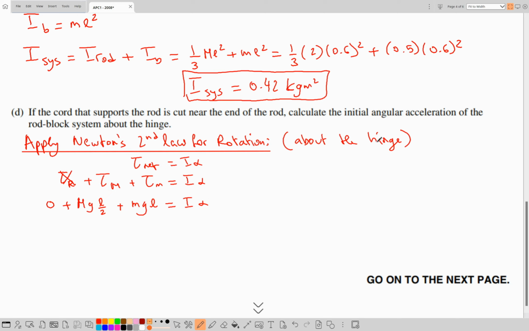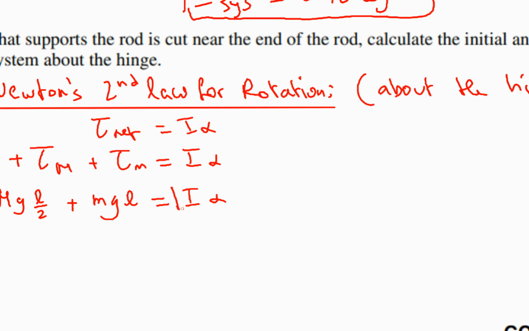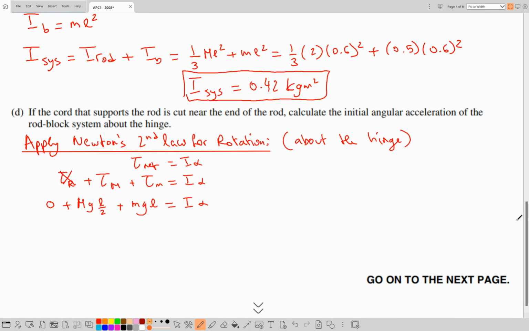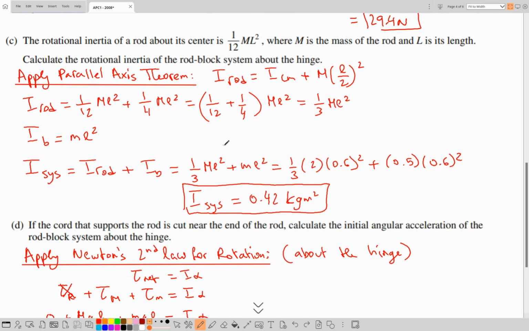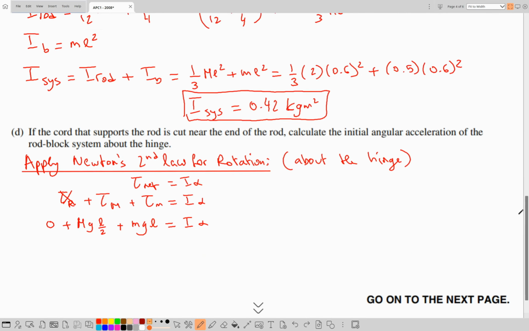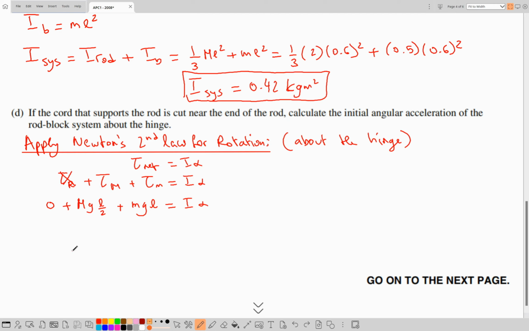And notice that because we're working about the hinge, this rotational inertia should represent the rod-block system that we have determined previously, and it's about the hinge, so everything is in agreement.